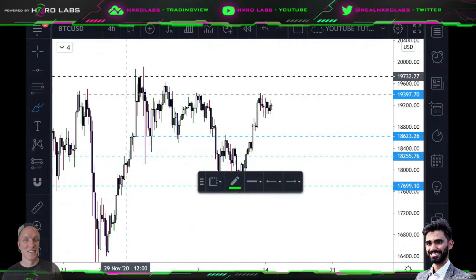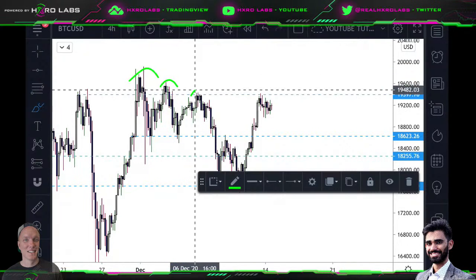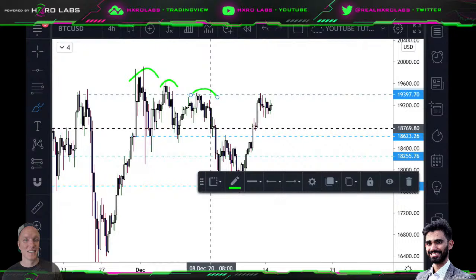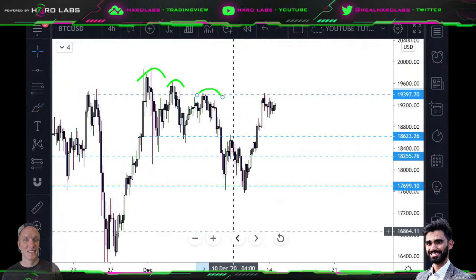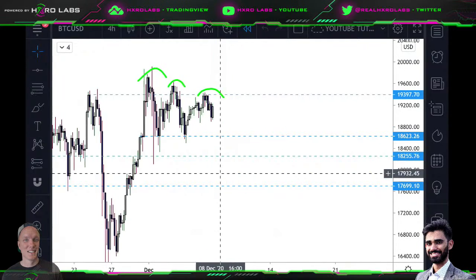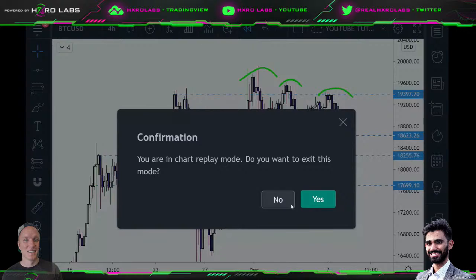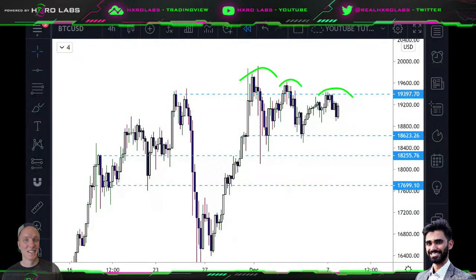That's why I really liked the short when we saw this loss of strength over here. That made me really comfortable looking for a short, especially if you were watching the trend line as well at this point. Just remembered that was looking pretty great.